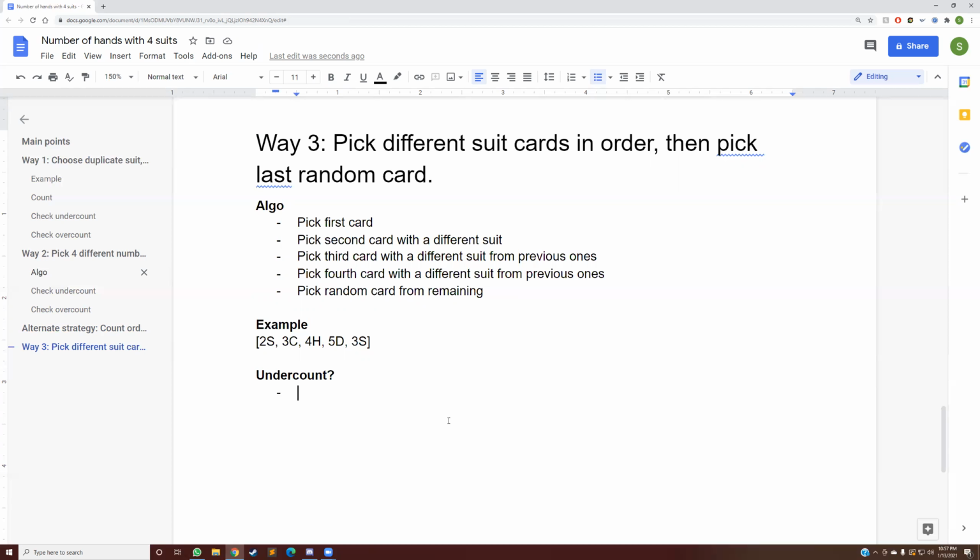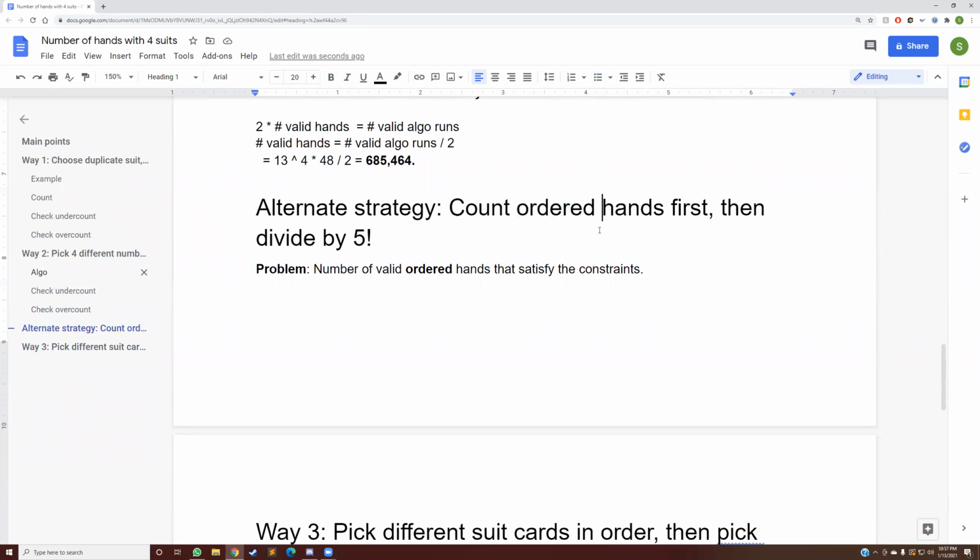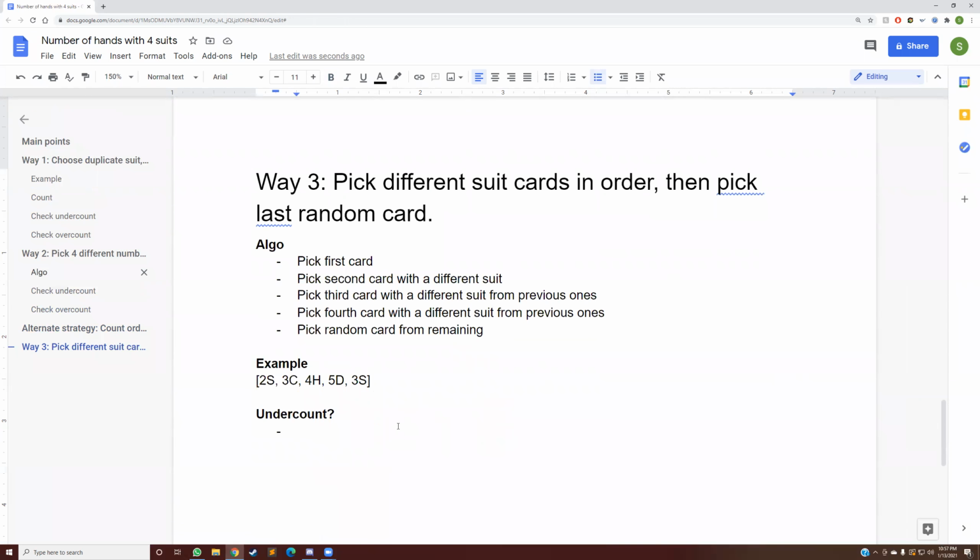That means there's a valid ordered hand that this algorithm fails to produce. Oh, so order matters? Yes, ordered hands. Sorry, I should clarify. But you're right, it doesn't matter, this is good enough.